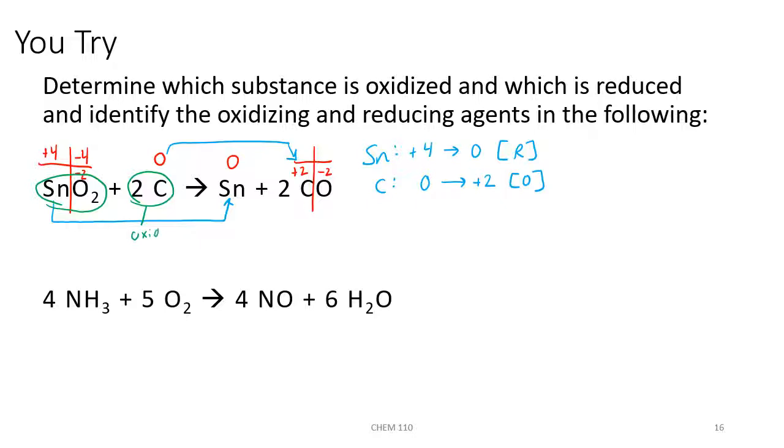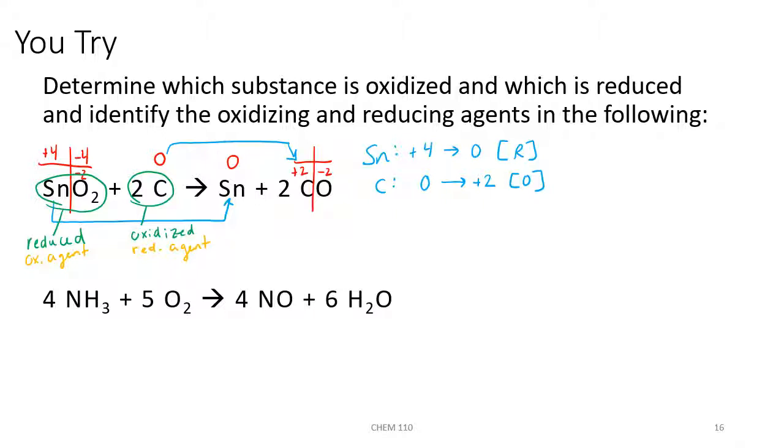Carbon, we said, was oxidized, and then the tin 4 oxide was reduced. It's the entire substance. This also means that our tin 4 oxide is our oxidizing agent, and our carbon, which was oxidized, is our reducing agent.